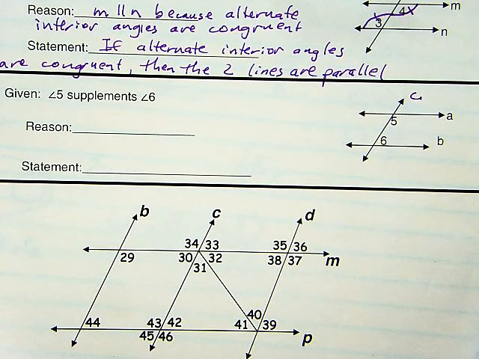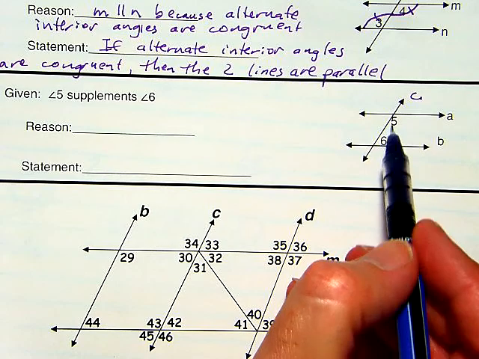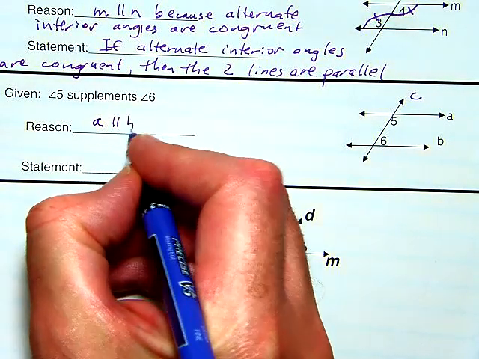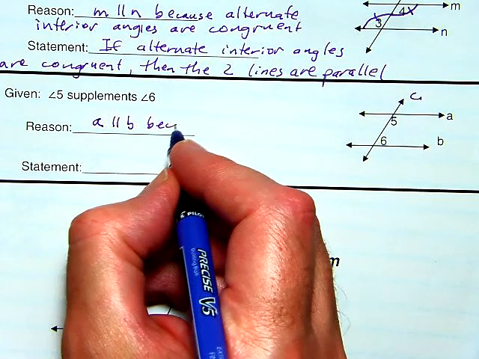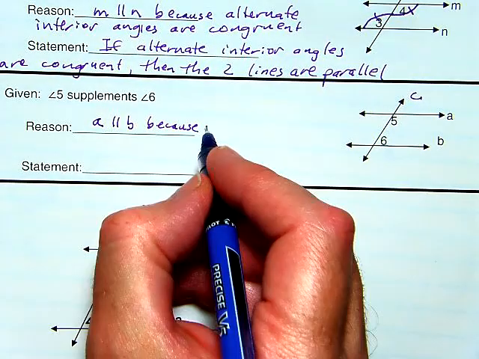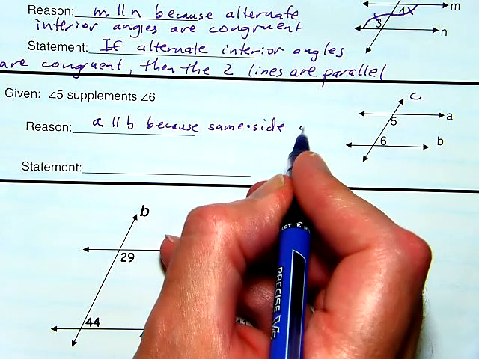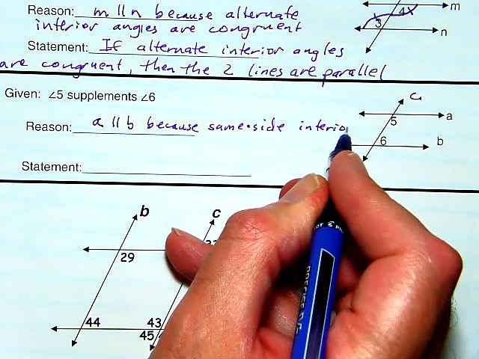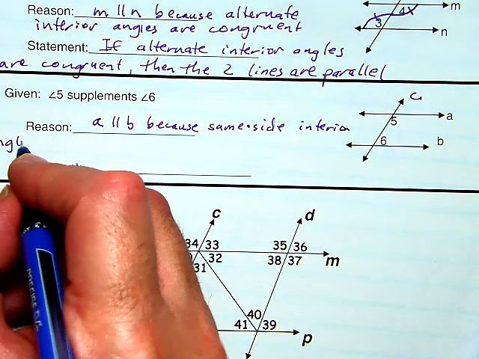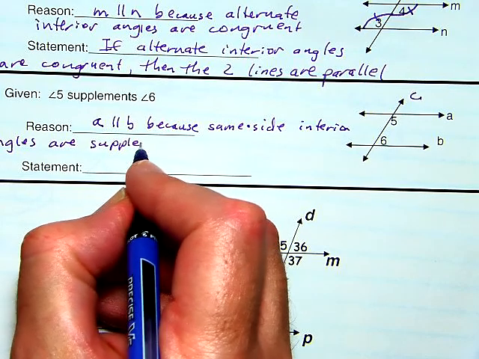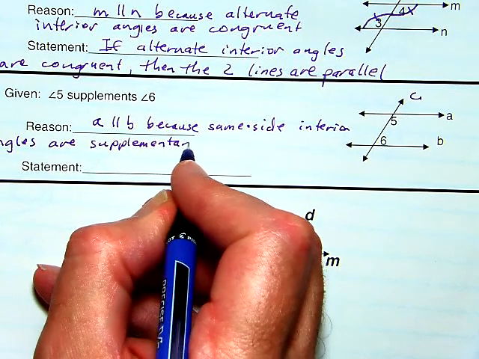So, in this case, because 5 supplements 6, we can conclude that A is parallel to B because same side interior angles are supplementary.